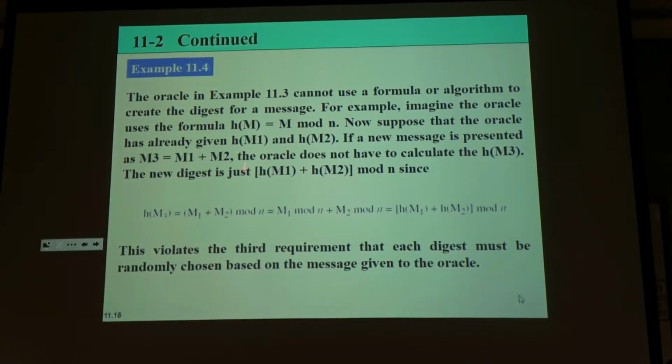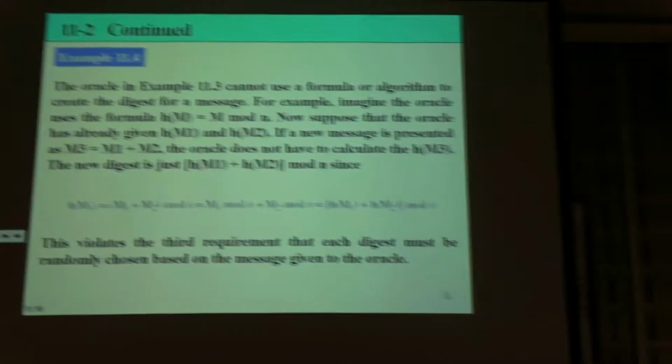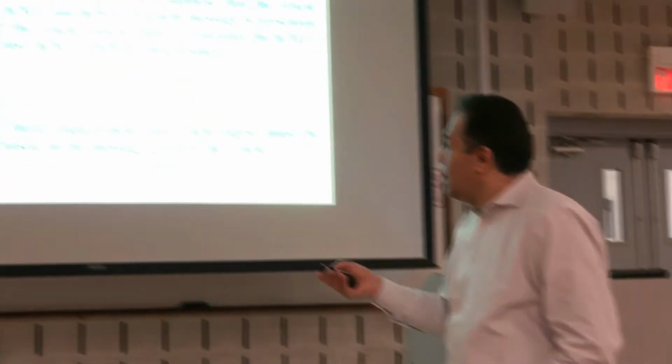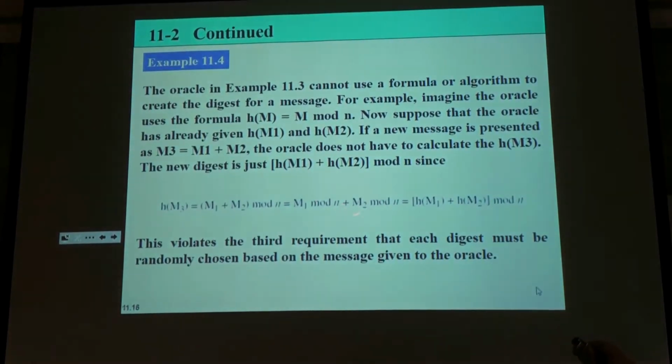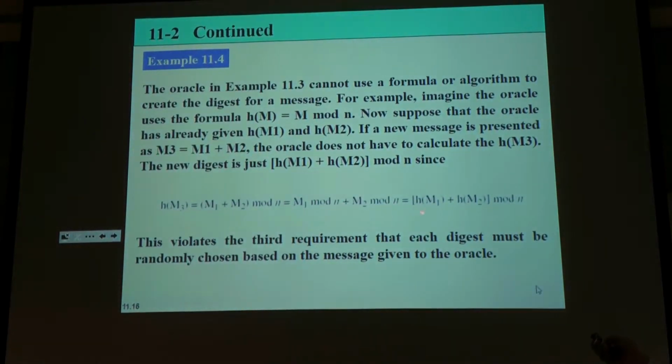Because it just has the digest of M1 and the digest of M2. If you have the digest of M1 and the digest of M2, just add them up and mod N. So for example, H(M3) equals (M1 plus M2) mod N, which equals M1 mod N plus M2 mod N, so you don't have to calculate it.